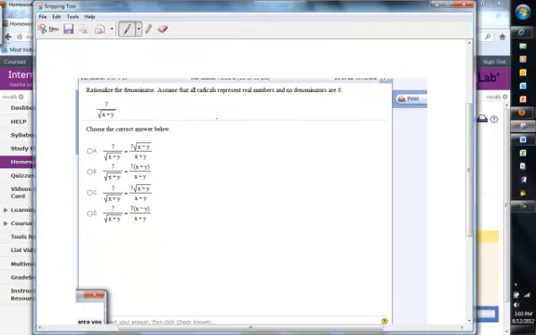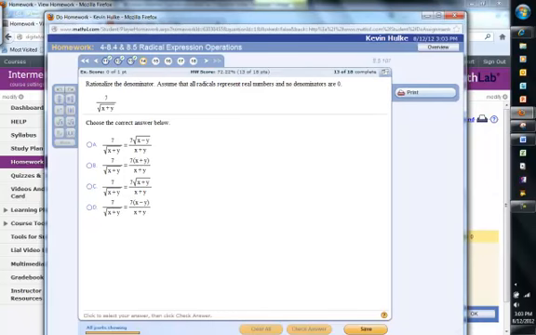Okay, multiply top and bottom by the square root of x plus y, and we're left with 7 square root x plus y over x plus y. That's letter C, isn't it?